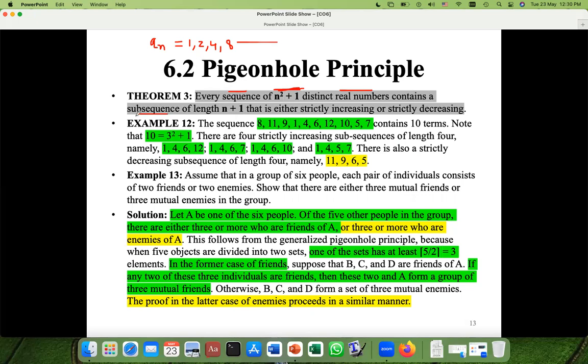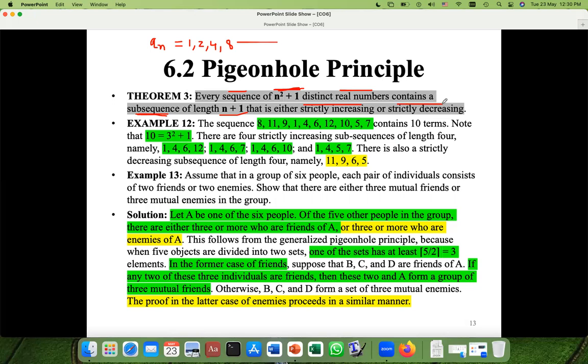That sequence will have some subsequence, and the length of that subsequence would be n plus 1. And then that subsequence will either have the strictly increasing property or the strictly decreasing property.